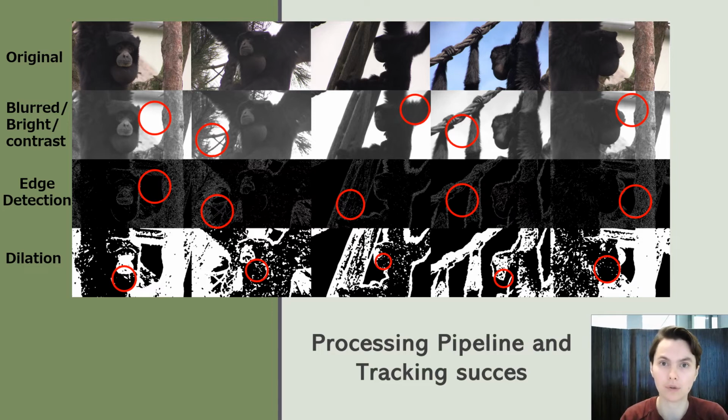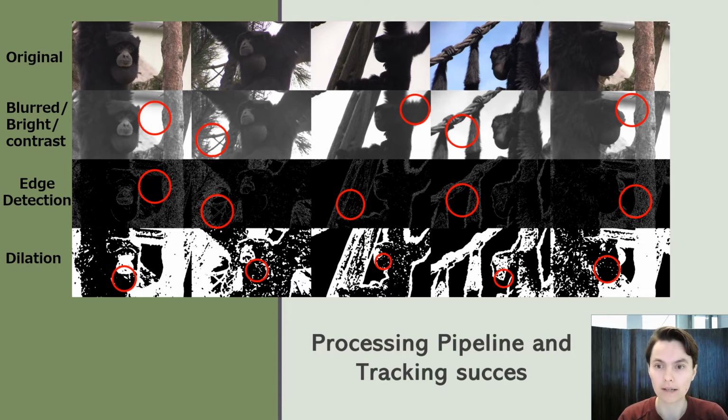So we start in the first row with the original image. In the second row we apply the gray scaling, optimized a little bit for contrast and brightness, and did some blurring. In the third row the Canny edge detection was applied, and in the fourth row the dilation.